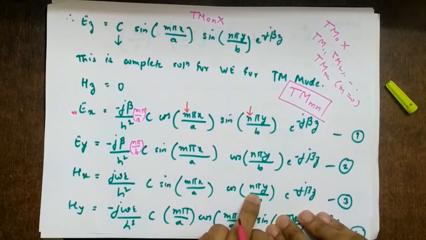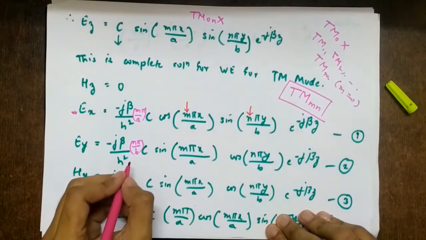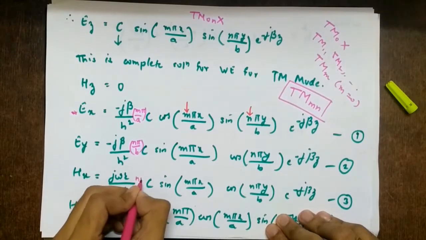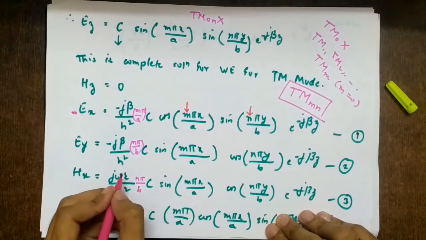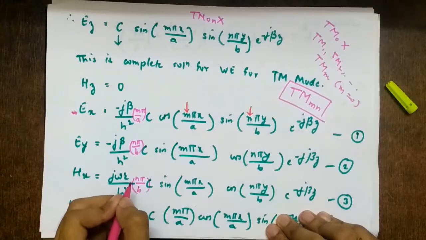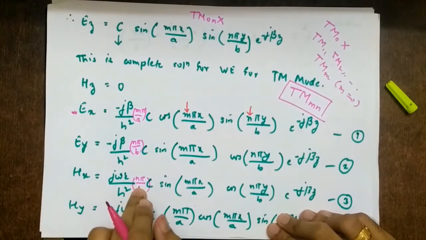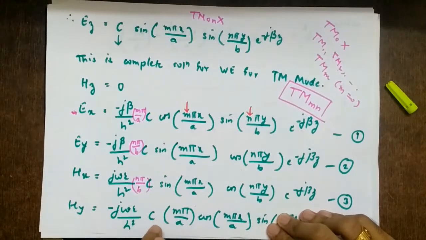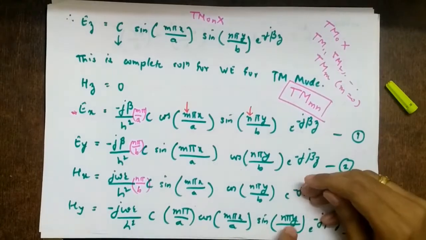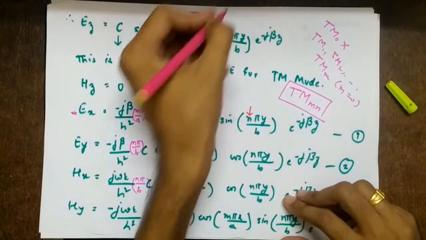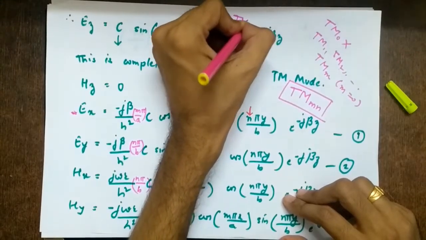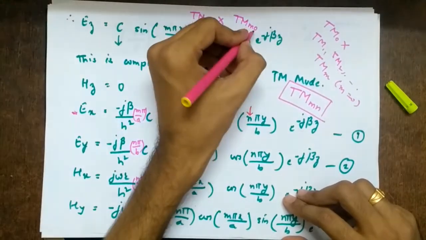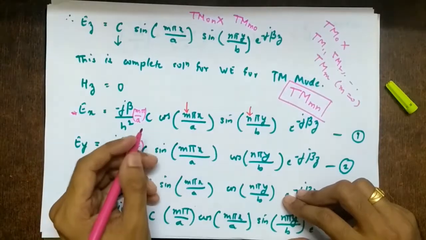This is Hx. Hx also has n pi by b. So again this also goes to 0 because we are taking n equal to 0, and this also goes to 0. Whatever be the value of m, TMm0, that is when n is 0, this cannot exist.